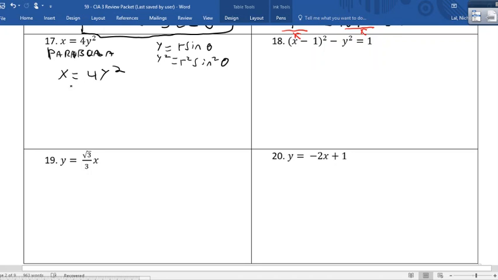So converting this into polar, we can look at this as r times the cosine of theta is equal to 4 times r squared sine squared of theta. Now, at this point, we can divide each side by r to simplify.